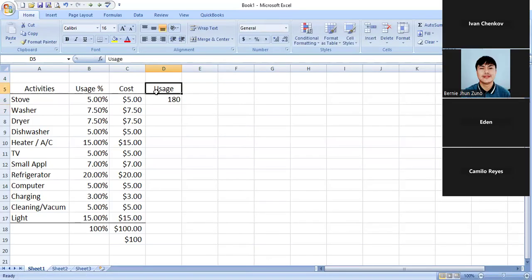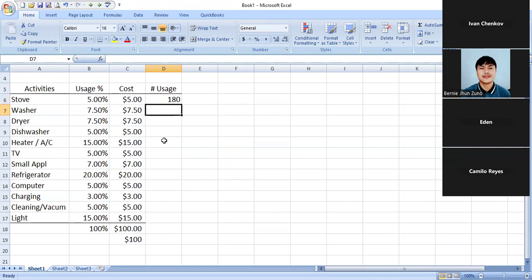So that's how many times I'm using it. That will be the number of usage: 180 times.